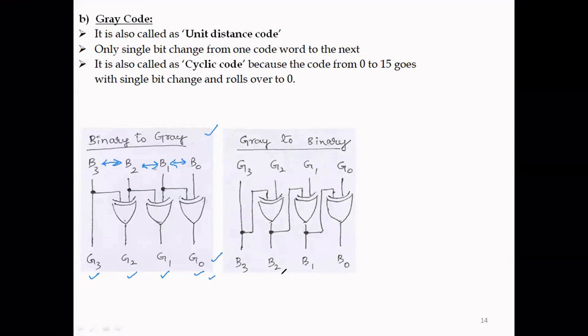See here, the gray code is given. Now we need the binary information. Whatever the MSB, take it here as B3 directly. But instead of these two, now this result, the binary information result, take this and the next gray bit, and we will get B2.